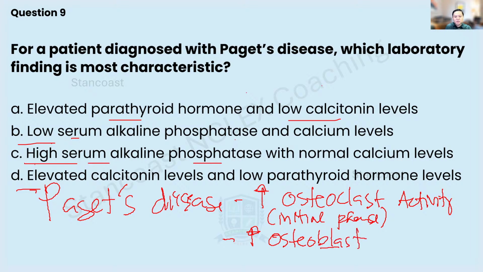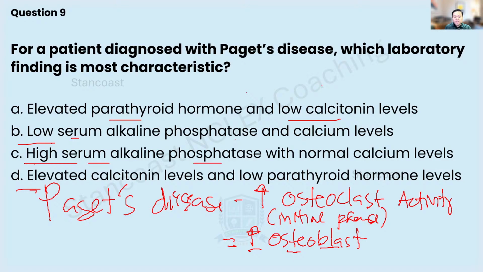Those are the cells that will help in the formation of new bone. So in Paget's disease, this will follow the first phase, which is the osteoclast. Once the body has sensed that we are getting way too much calcium in the bloodstream, the body will compensate by increasing osteoblast activity.